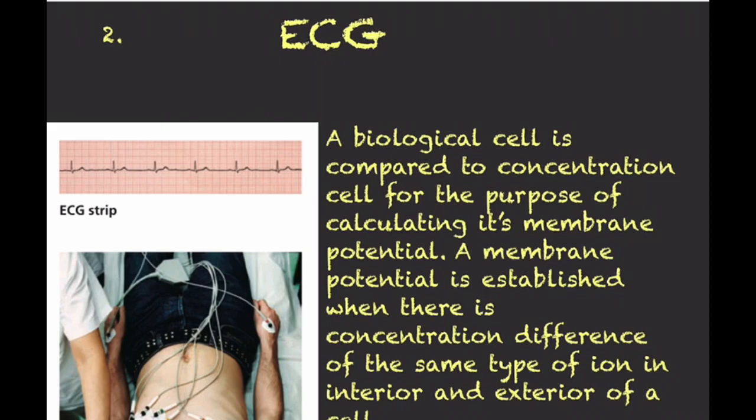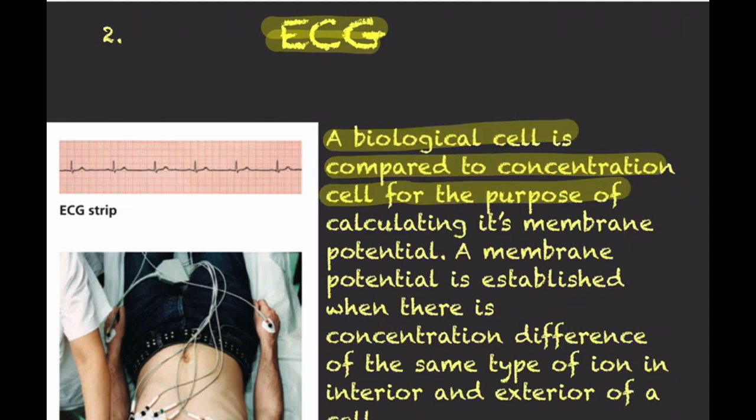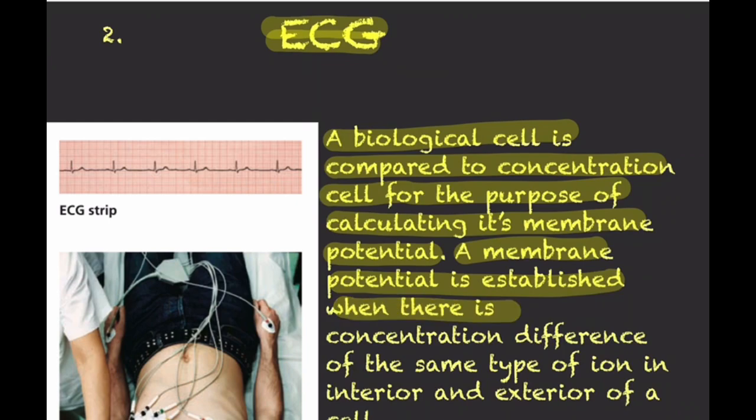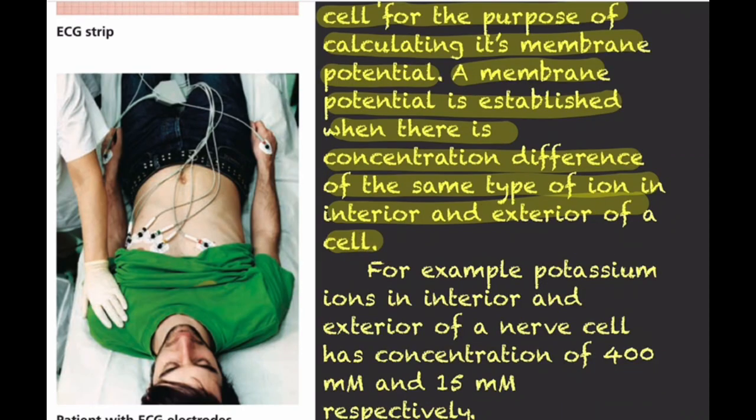Let us try to understand the concept of concentration cell in ECG. ECG means electrocardiograph. A biological cell is compared to a concentration cell for the purpose of calculating its membrane potential. So first we have to understand the meaning of membrane potential. A membrane potential is established when there is concentration difference of the same type of ion in interior and exterior of a cell.